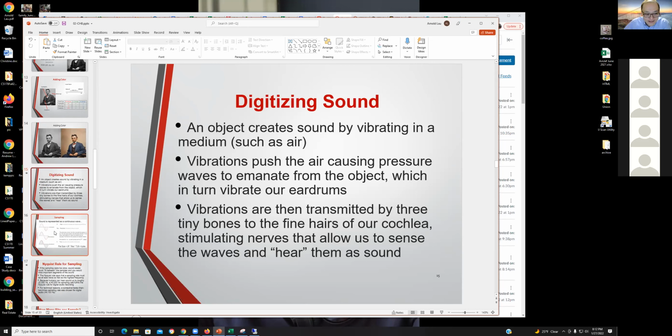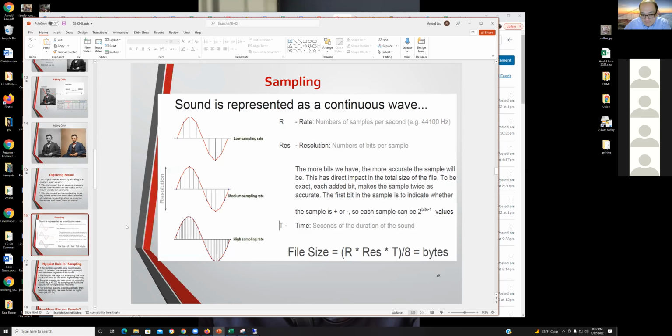Okay, if I look at a sound wave, if you remember from your physics class, one portion of it would look something like this. As a computer, if you're trying to record this digitally, you can imagine we're basically taking slices in time and trying to figure out a way to accurately reproduce that sound wave.